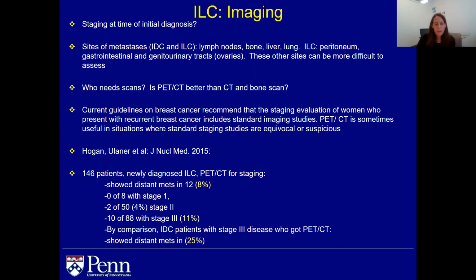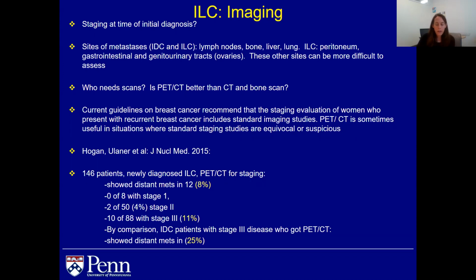That being said, many women with both IDC and ILC and early stage breast cancer will never develop metastatic disease, especially if they have very early stage disease. So it is definitely not universal to get full body scans on everybody, and current guidelines recommend that you don't actually.